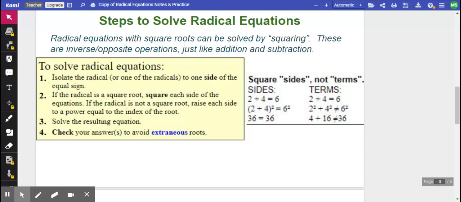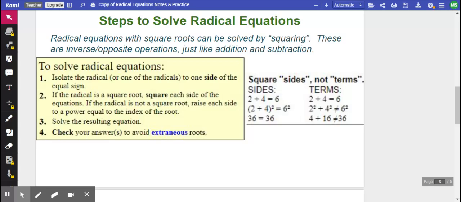That would mean that I have a true equation at the end. 36 is equal to 36. Alternatively, if I saw that same equation and started with the same 2 plus 4 equals 6, and I just squared each of the parts separately, that would end up being 4 plus 16 equals 20, but that's not the same thing as 36, and that would be an error that happened there.